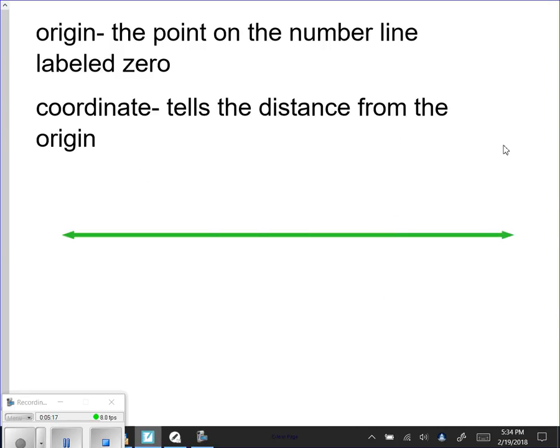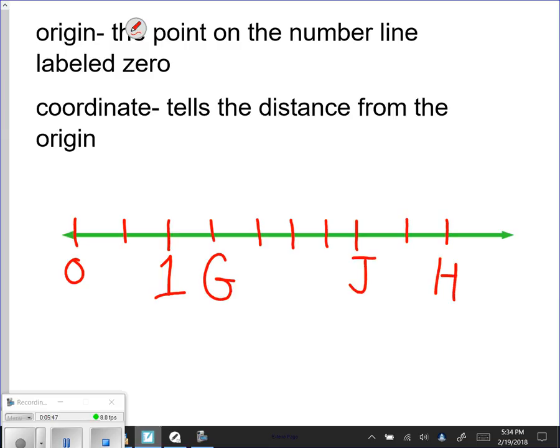Let's try another. Put in my origin. Okay, so now I want you to see if you can tell me the value in your group.